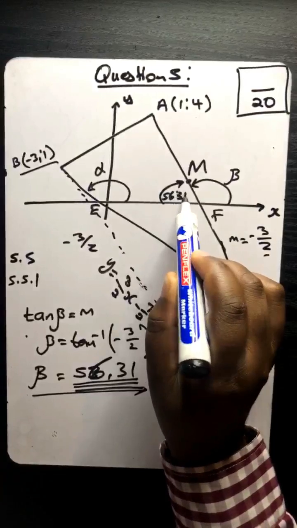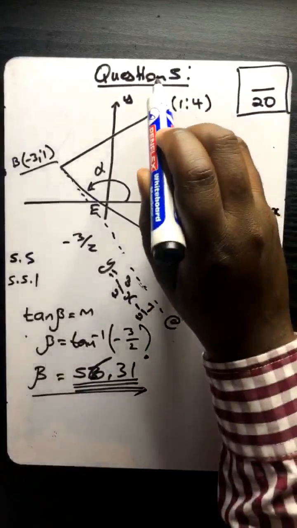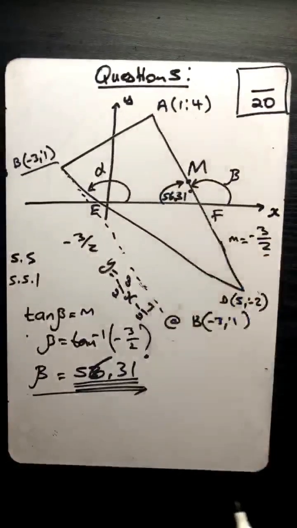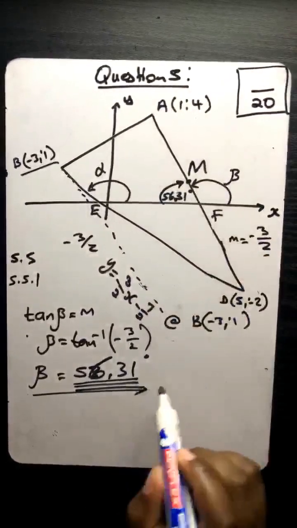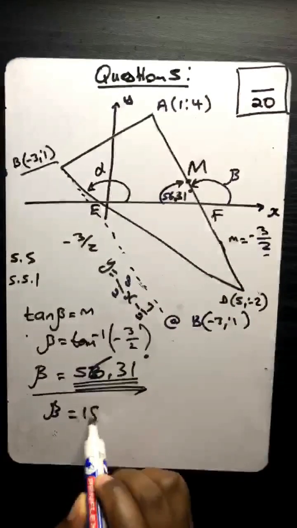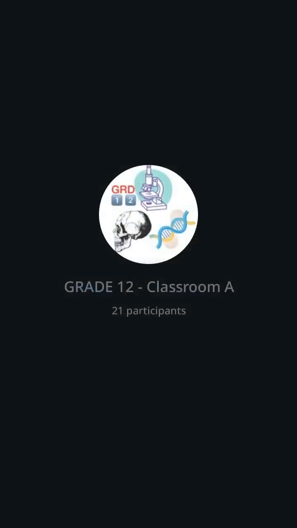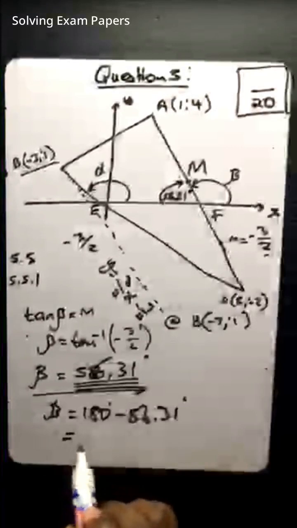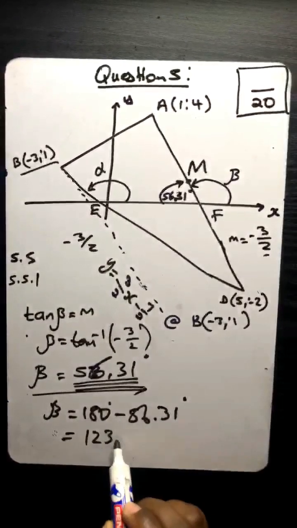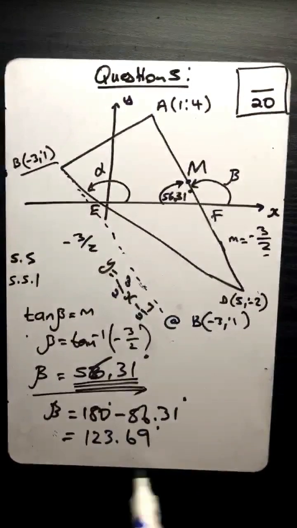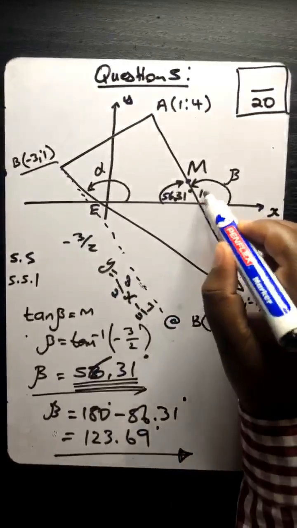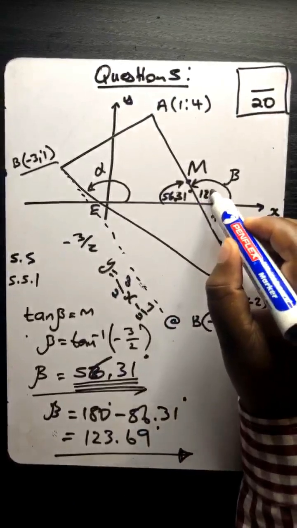I know what you wrote, so you won't cheat. Just make sure that from there, that's when you can say angle beta is actually 180 degrees minus 56.31, which equals 123.69 degrees. So that means this is that angle of inclination.